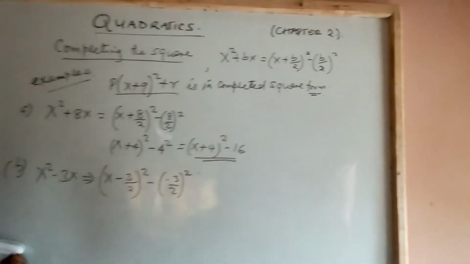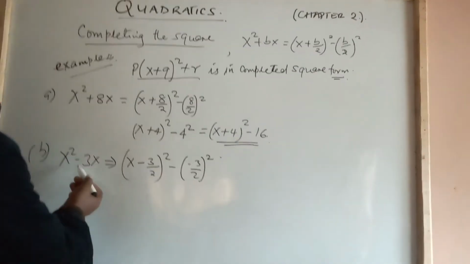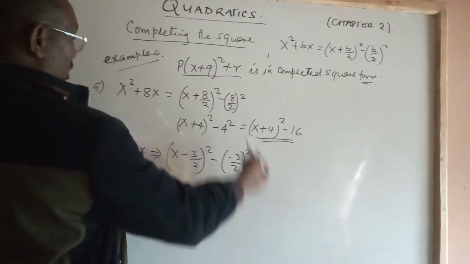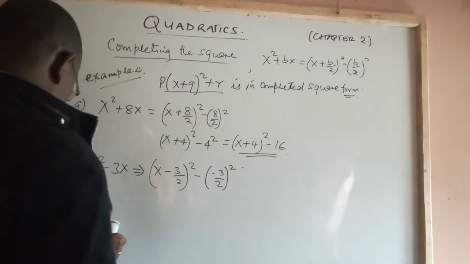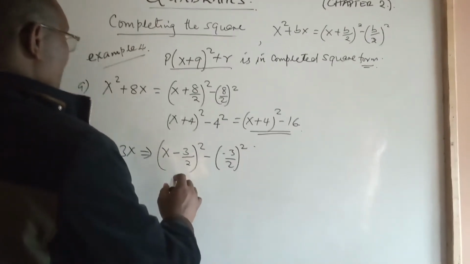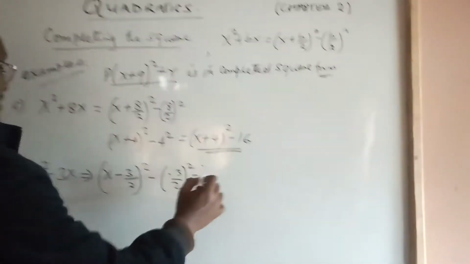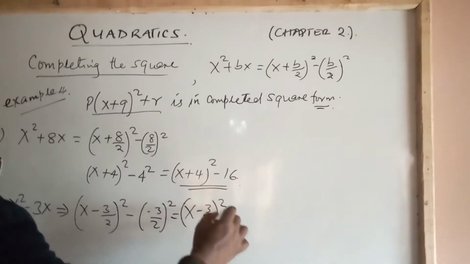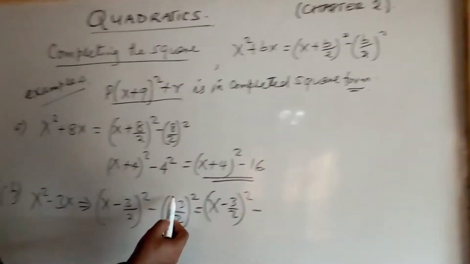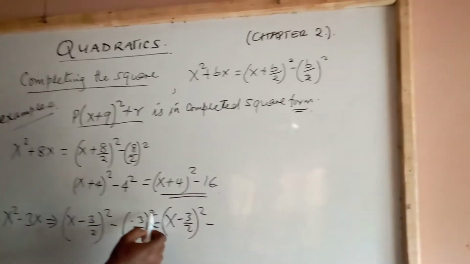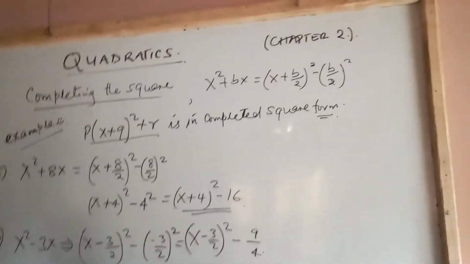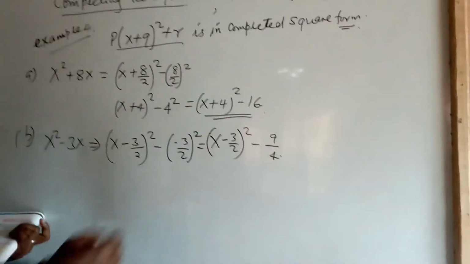Because basically our b is negative 3, that is why we have carried it on to the formula. At the end of the day, this equals (x minus 3 over 2) squared minus 9 over 4. So that becomes the final answer.